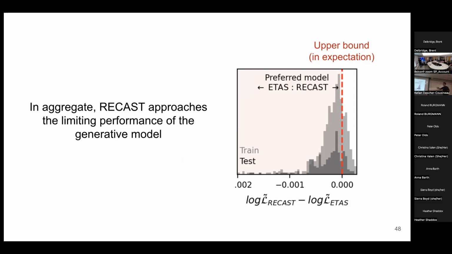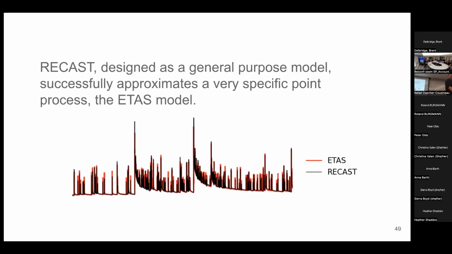So you can see this very skewed distribution, which would suggest that recast is able to capture the ETAS model itself. So to summarize this first exercise, it seems that recast, designed as a general purpose model, is able to reproduce something that's very specific, and this is without any sort of ad hoc adjustments to make that possible.